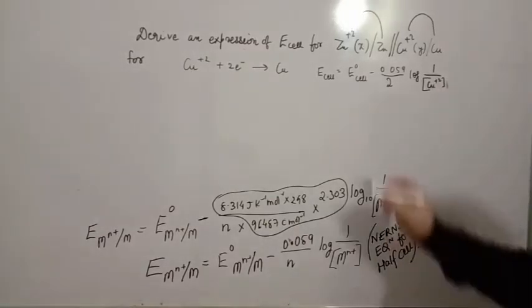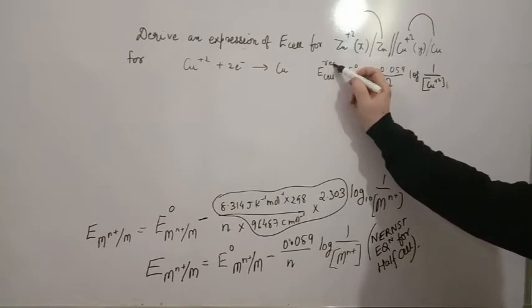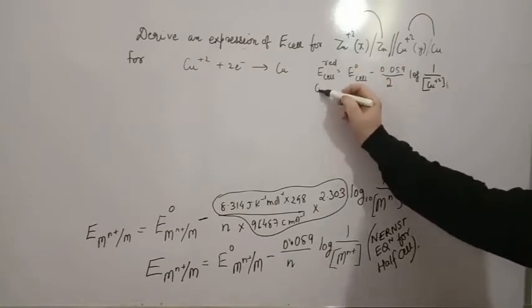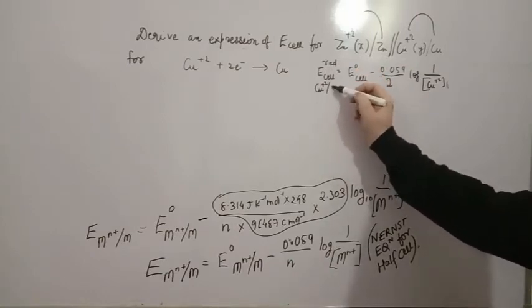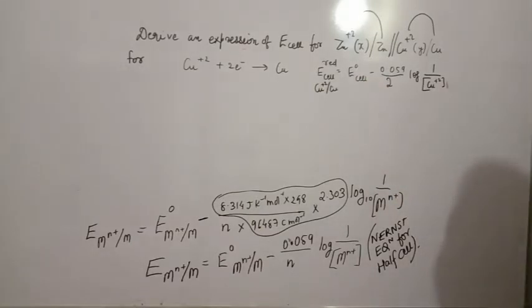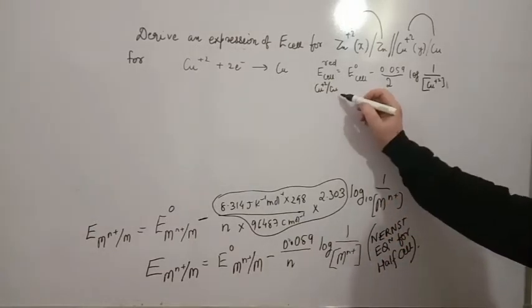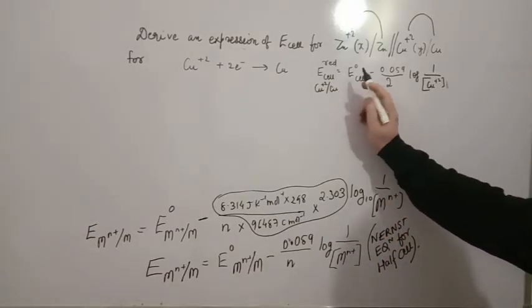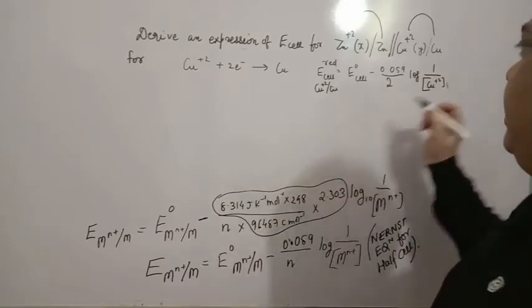So this is the reduction potential of Cu2+ becoming Cu. We will always find out reduction potential, however it undergoes oxidation or reduction, because in the electrochemical series these values are only given. Let this be equation 1.